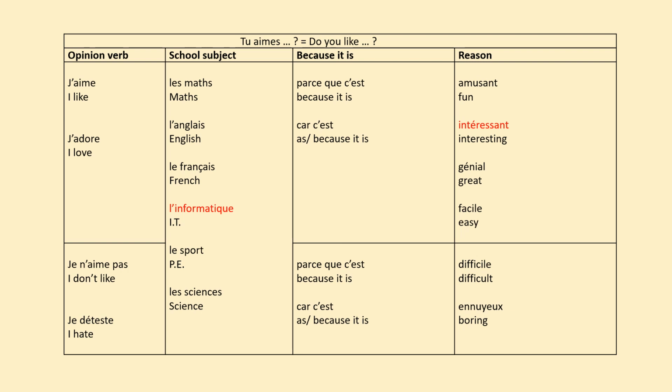Okay, so you'll notice that IN is like an AN sound in English, so informatique, intéressant. Additionally, with intéressant, it's got the E accent, which means we make like an AY sound in English. Okay, écoutez, répétez, intéressant. Good. L'informatique. Très bien.